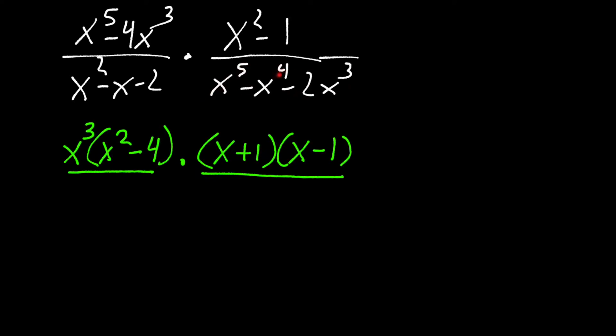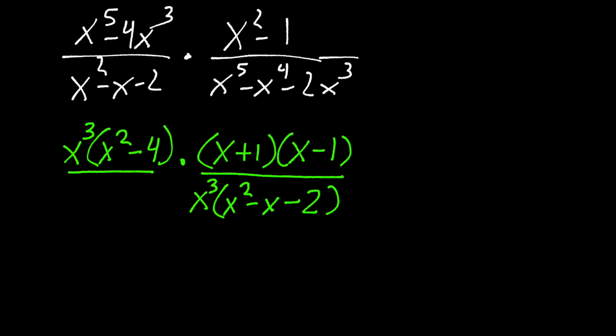Alright, let's go to this bottom. I've got x to the fifth minus x to the fourth minus 2x cubed. It's not a quadratic, so I can't use the diamond method, but I do have x to the third that I can cancel out of all of those, so I'll factor out an x cubed. And that's going to give me x squared minus x minus 2.